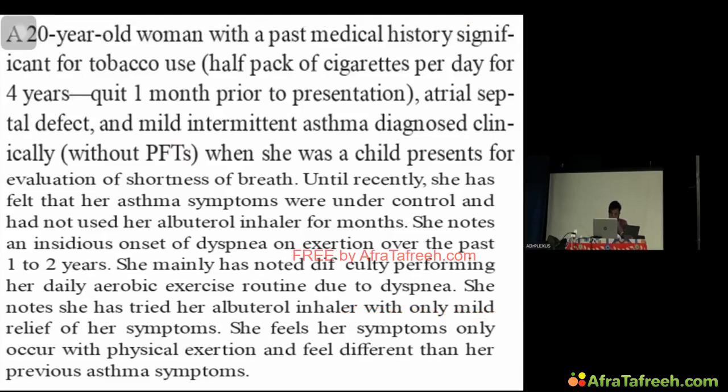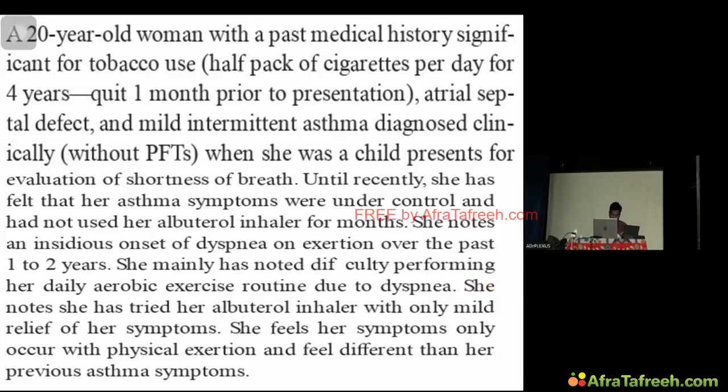This is a 20-year-old female with past medical history of significant tobacco use. Female smoker, ASD and intermittent asthma, clinically diagnosed when she was a child, now presents with shortness of breath. Until recently she felt that her asthma symptoms were under control and had not used her inhaler for months.